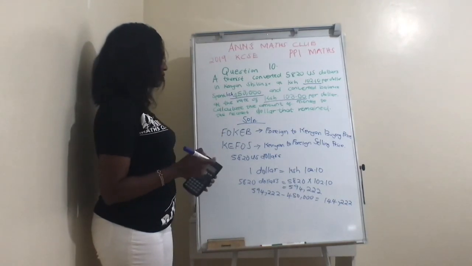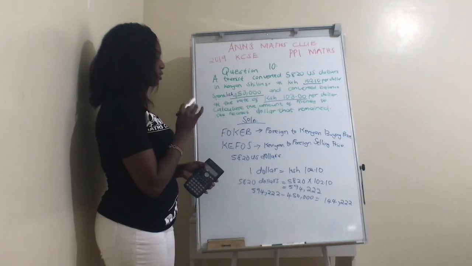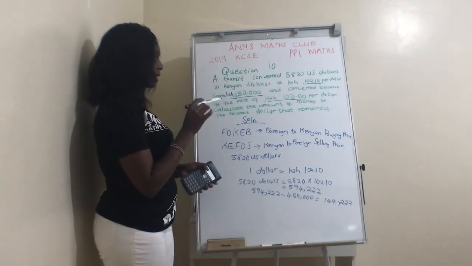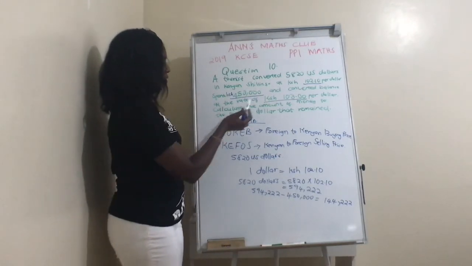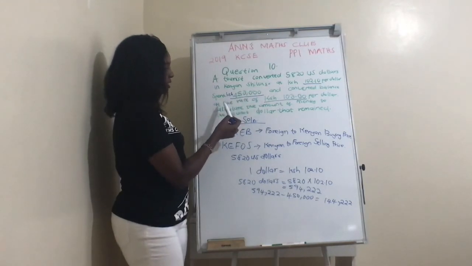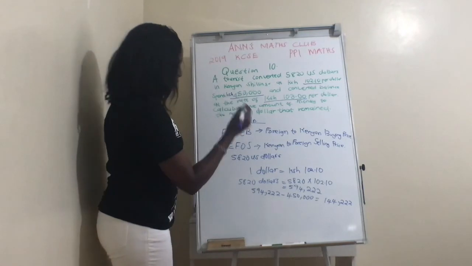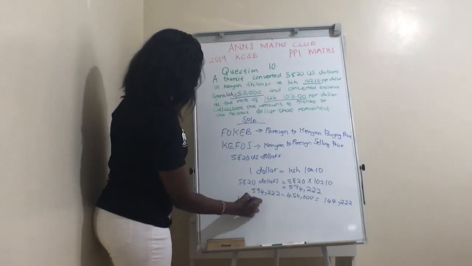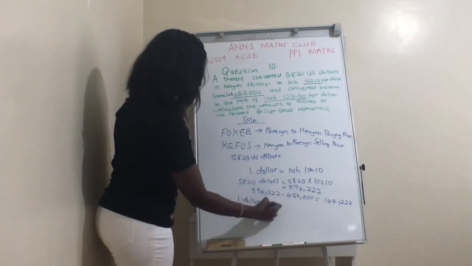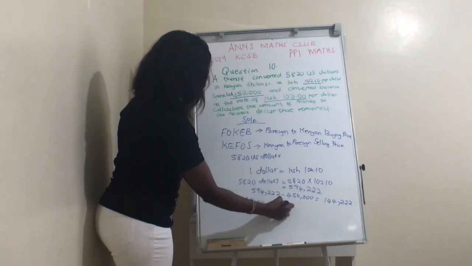And we've been asked to calculate the amount of money to the nearest dollar that remained. And remember, while converting the balance, he converted at the rate of 103 per dollar. So again, $1 is equal to 103 Kenyan shillings.